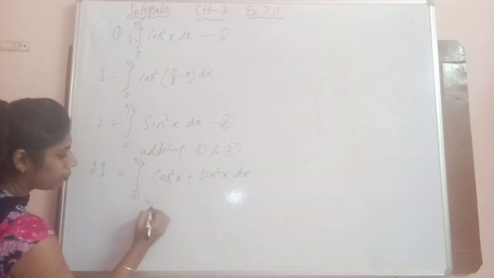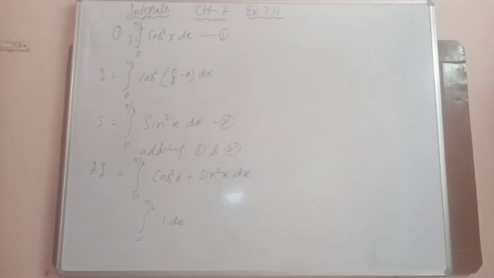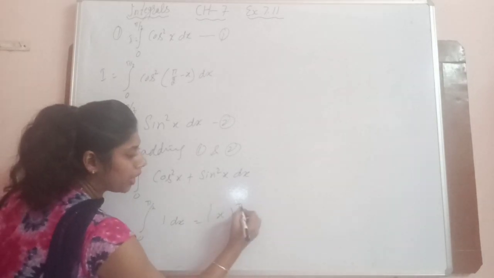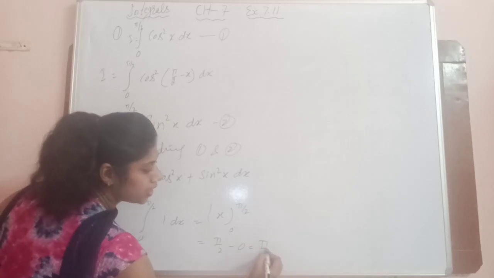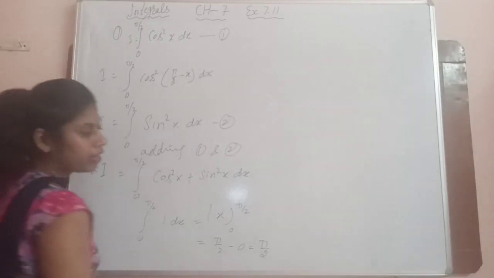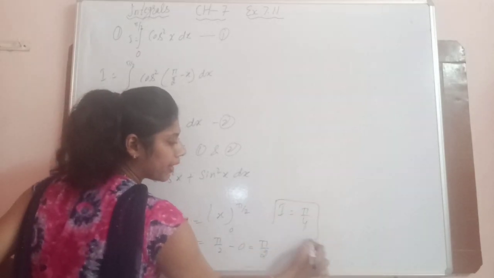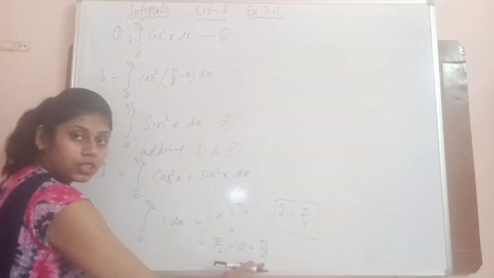So the integral will become 0 to pi by 2 of 1 dx. What is the integration of 1? Integration of 1 is x, from 0 to pi by 2. Put the limits: pi by 2 minus 0. So the answer is pi by 2. But this is the value of 2I, and we need only I. So I is equal to pi by 4. Clear? This 2 will go in the denominator.